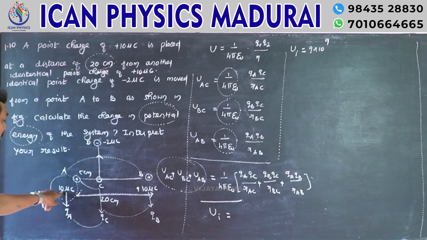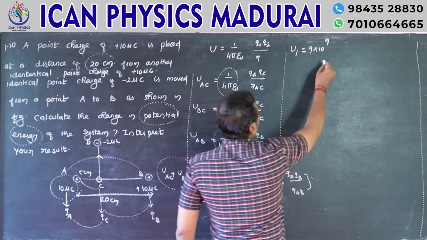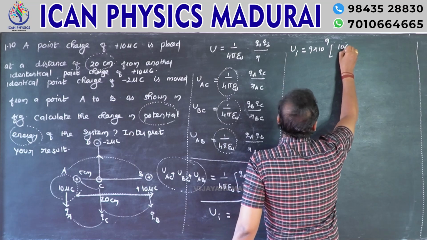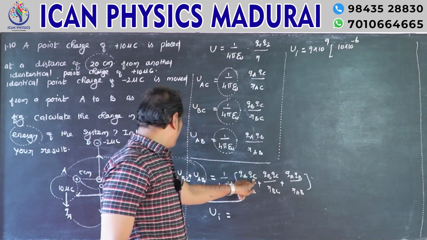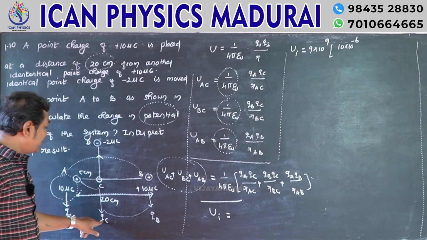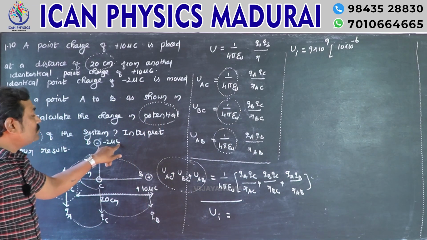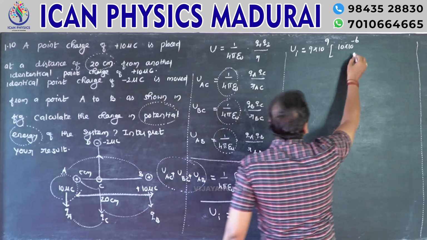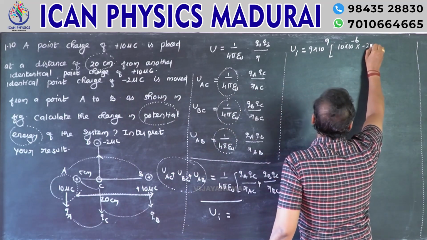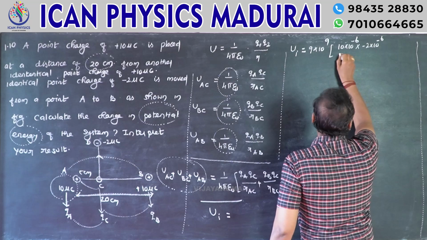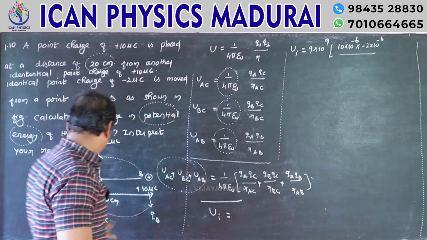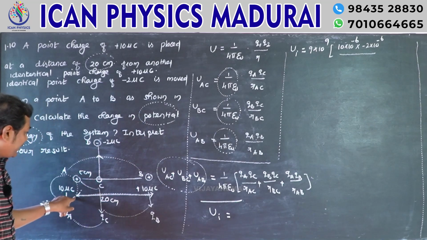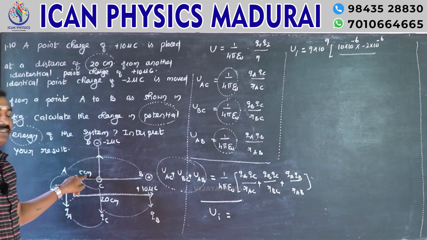QA is the charge placed at A, 10 microcoulomb, so 10 into 10 to the power -6, into QC. What is QC? It is -2 microcoulomb, so into -2 into 10 to the power -6, divided by the distance between A and C. Now the distance between A and C is 5 centimeter.